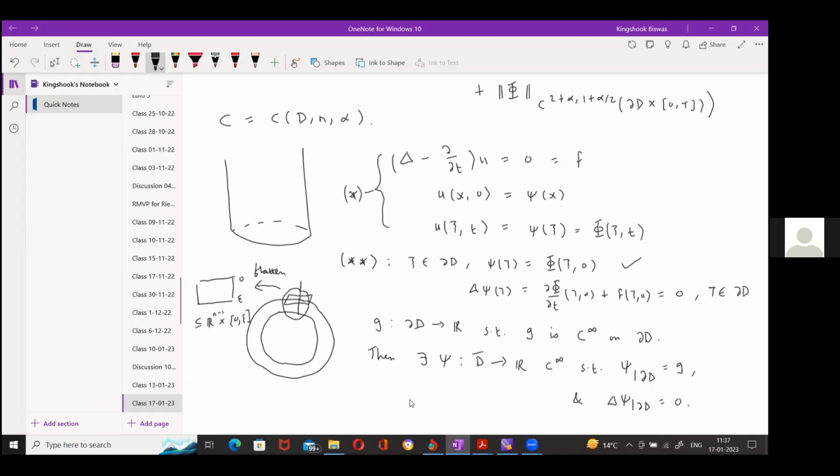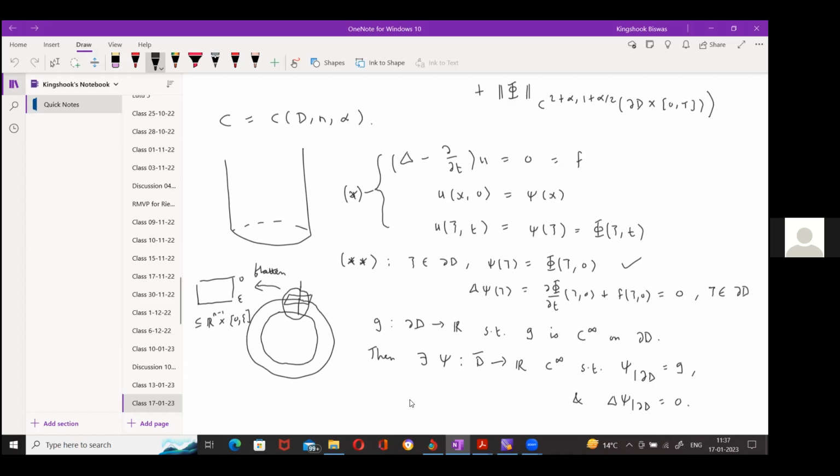But in the normal direction, I can choose this extension as I want, to make the second derivative in the normal direction equal to minus the sum of second derivatives in the tangent direction to the boundary.